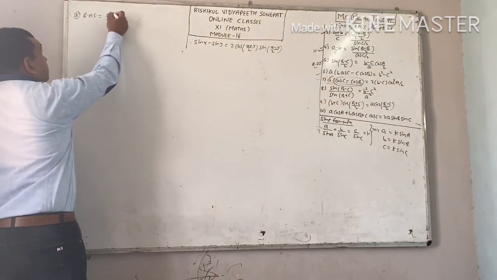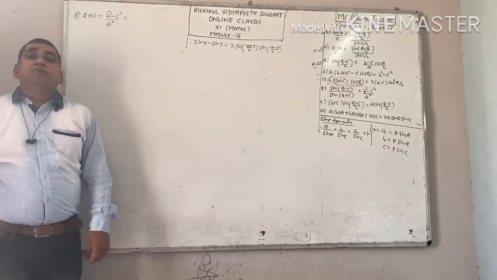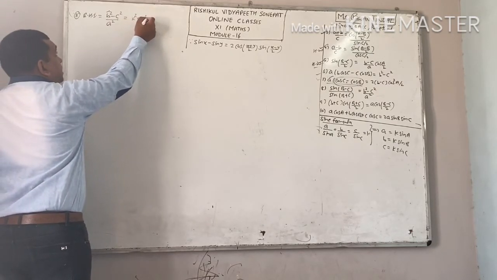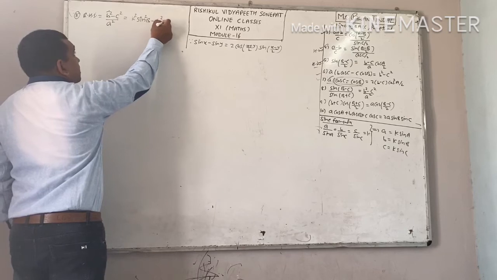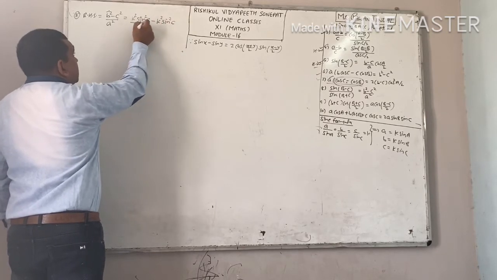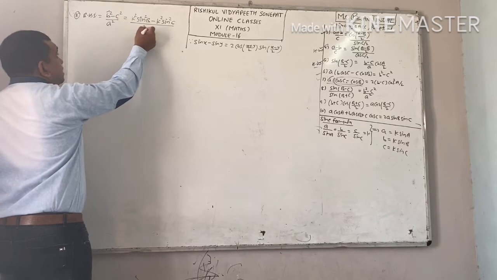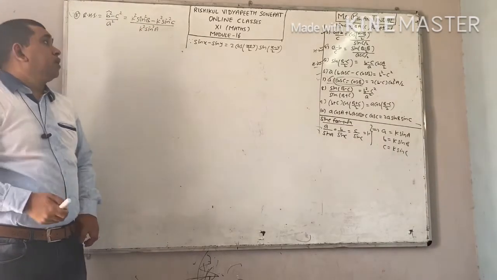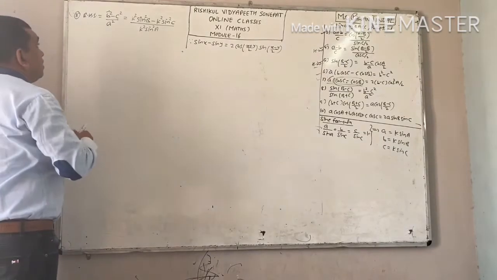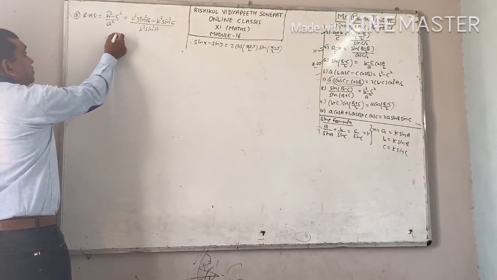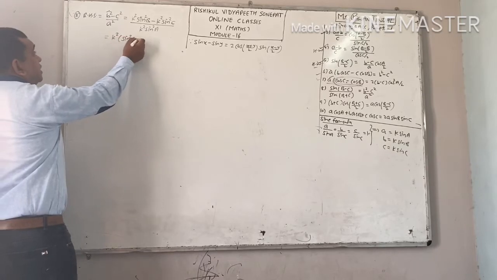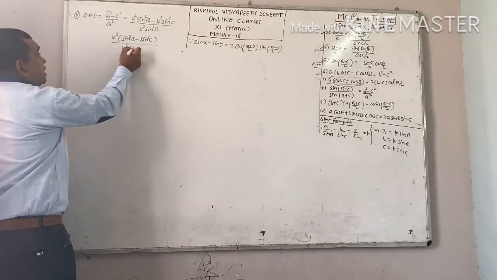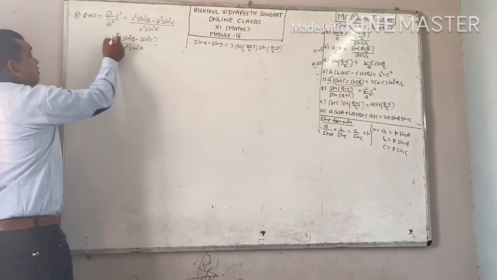Now B square, B is equal to K sin B, this is your K square sin square B. C square, this is your K square sin square C, divided by A square, this is your K square sin square A. Now take K square as common. You will get sin square B minus sin square C divided by K square sin square A. This K square cancels out.